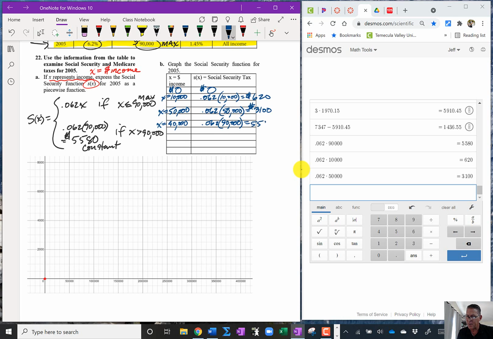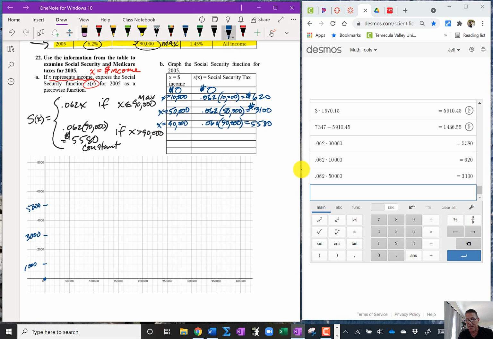The first grid line is 10,000. You want to go up 620. As I said, the first grid line is 500, so the scale is 500. You approximate it. 620 is obviously a little bit higher. And then you go 50,000, up 3,100, right about here maybe. And then 90,000, 5,580. So 90,000 is one grid line before 100,000.